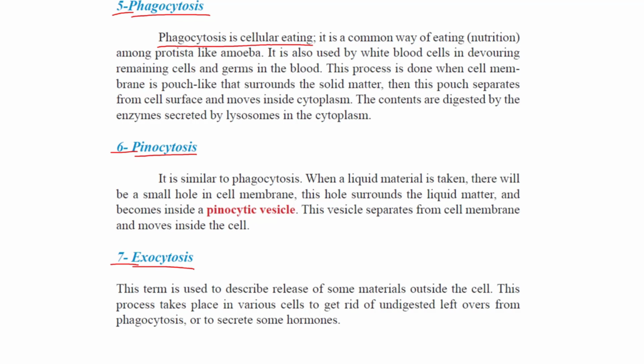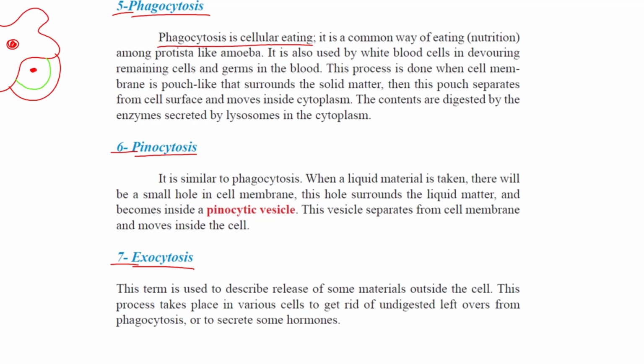It is a common way of nutrition among protista like amoeba. You may remember from previous years, amoeba, an organism which can change its shape. To take in a solid food particle, it forms pseudopodia, surrounds the food, takes it into the cytoplasm and digests it. It is also used by white blood cells devouring remaining cells and germs in the blood.